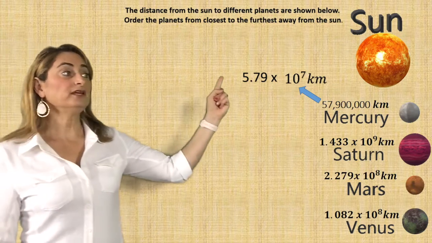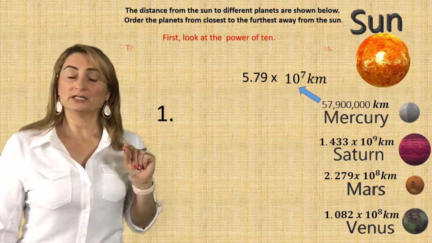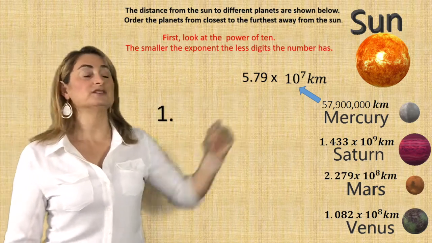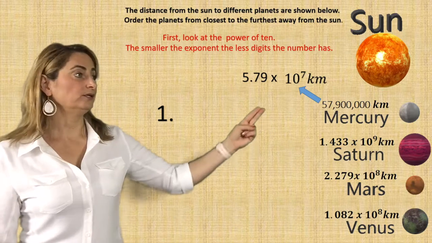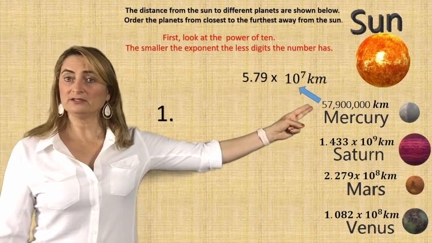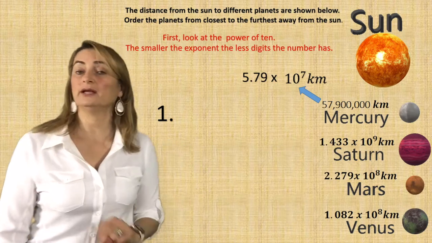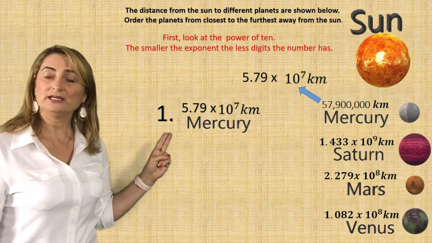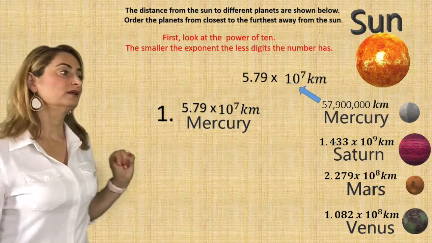First, look at the power of 10. The smaller the exponent, the less digit the number has, which means the smaller the number. And I know 10 to the power 7 is smaller than 10 to the power 9, 8, or 8. So I know Mercury is the closest to the Sun. It has the least digits, which means the least number.